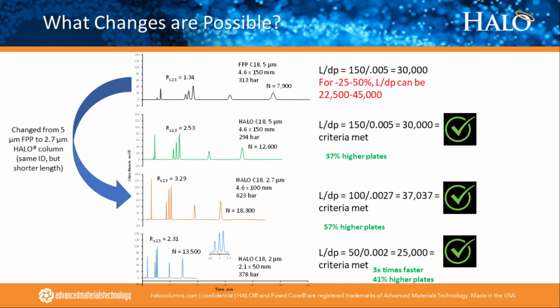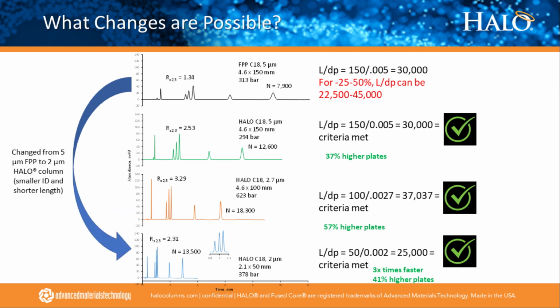Then if you change from that 5 micron FPP column to a 2.7 micron Halo column, we're keeping the same 4.6 millimeter ID, but now we've gone to 100 millimeter length column. The L to dp is 37,037, so the criteria is still met, and we're seeing now 57% higher plates. And that's because of the smaller particle size.